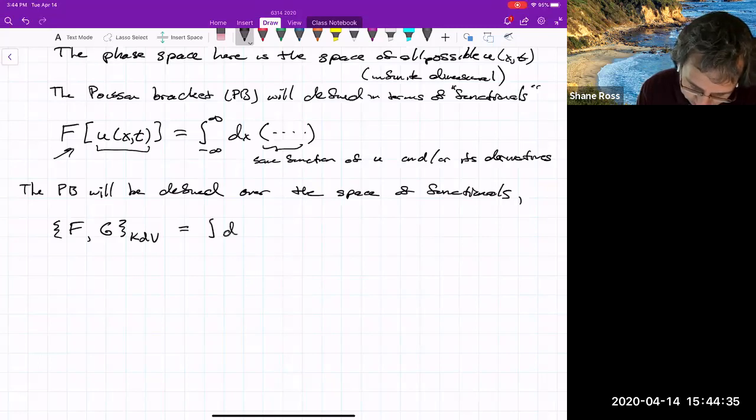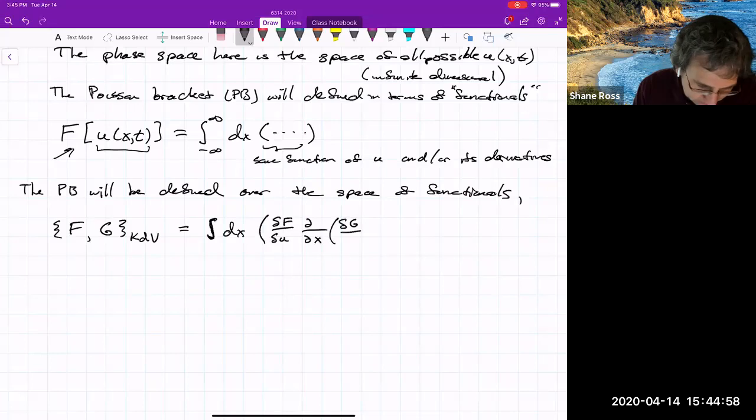It's an integral, and if I don't specify the limits, this is an integral over all of x of these functional derivatives. So this is the functional derivative of f with respect to u, times the partial derivative with respect to x of the functional derivative of g with respect to u.